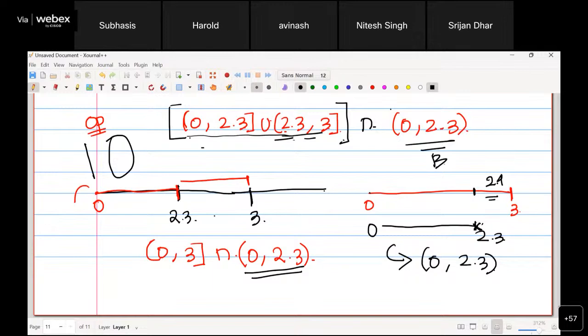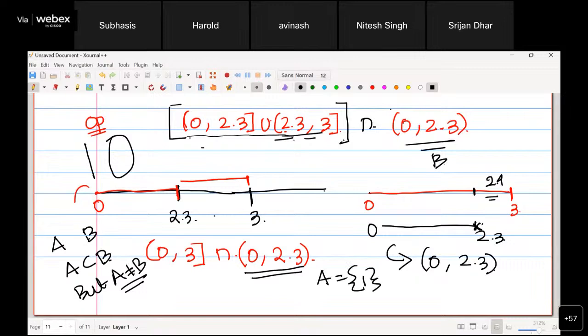We say A is a proper subset of B if A is a subset of B, but A is not equal to B. For example, if A is {1} and B is {1, 3}, A is a subset of B, but A is not equal to B. That is the difference between a subset and a proper subset.